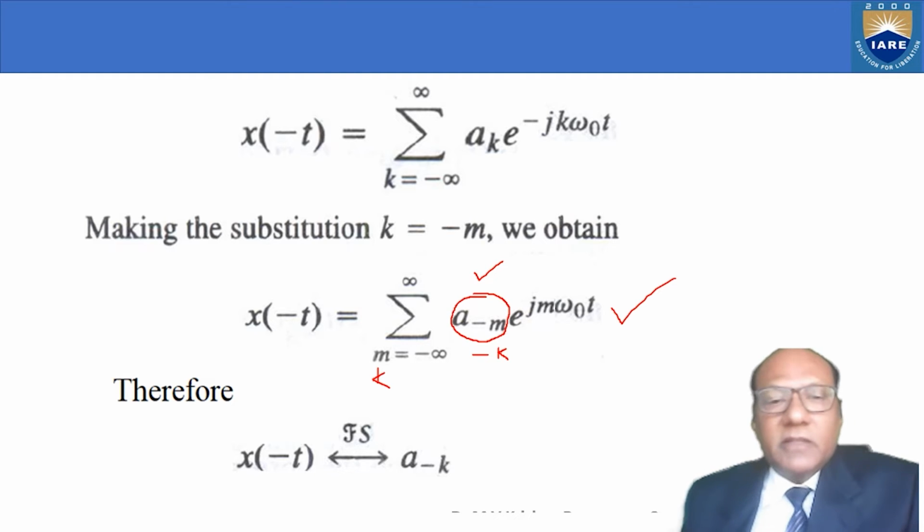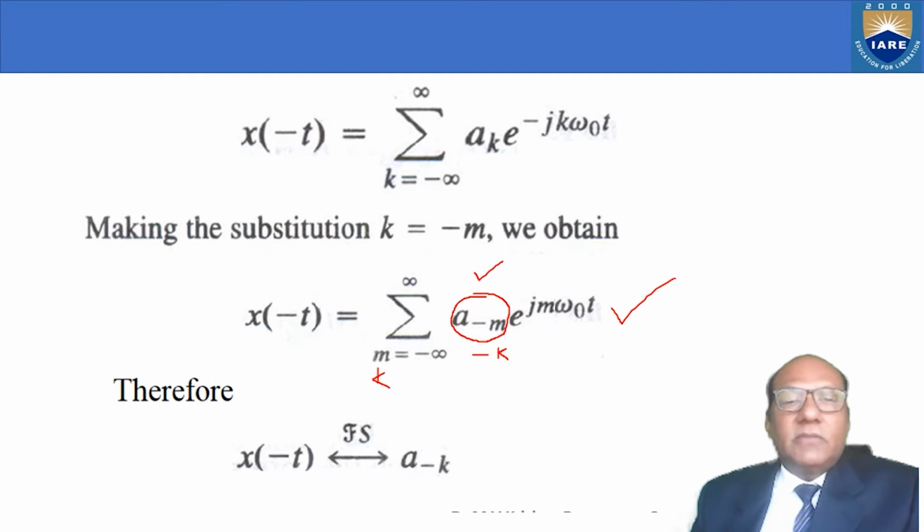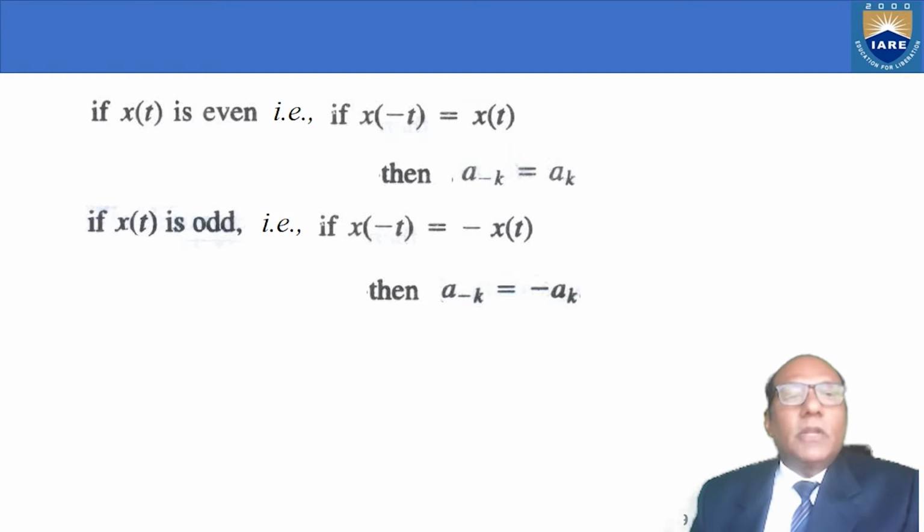So from this equation I can say that these two form a Fourier series pair. That is what I have written here. The property is proved.